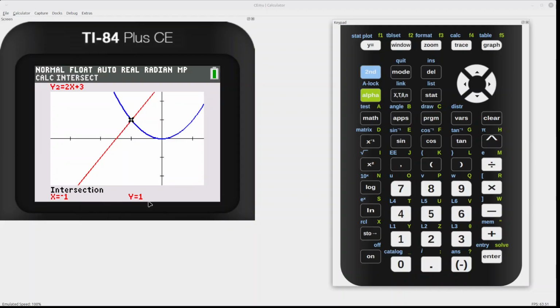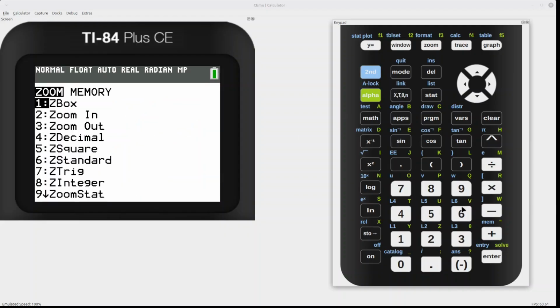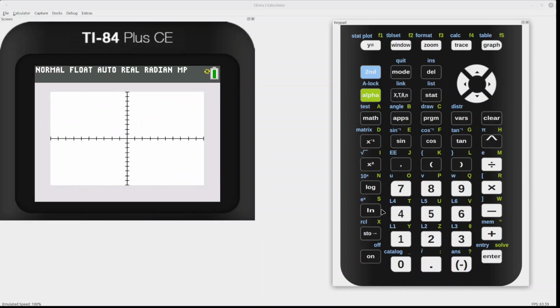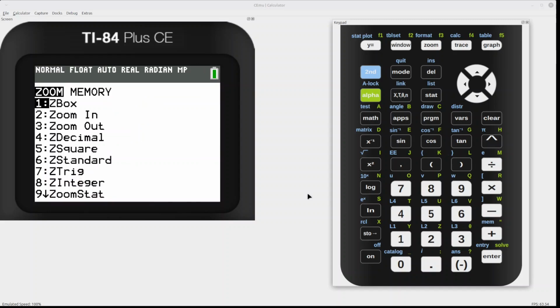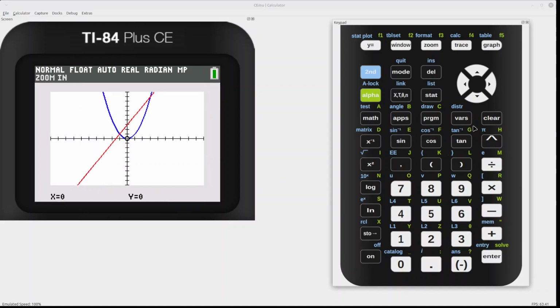Okay. All right, so to find the other one, let's zoom back out. Okay, and we want to find our intersection up here. And let's put our zoom in again, and let's get up close to that place. Okay, we're really close.